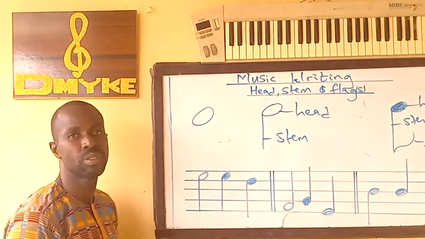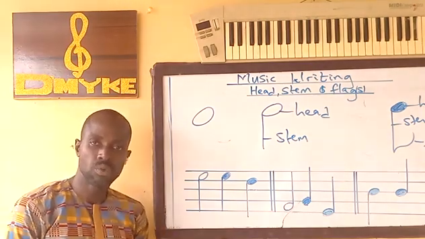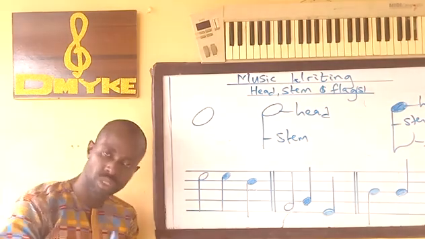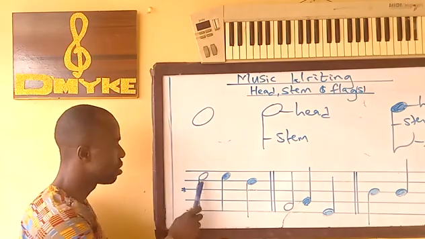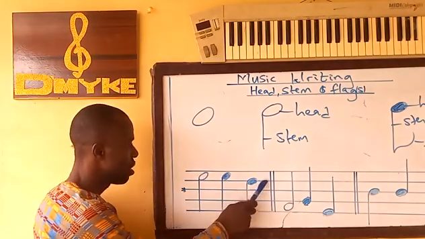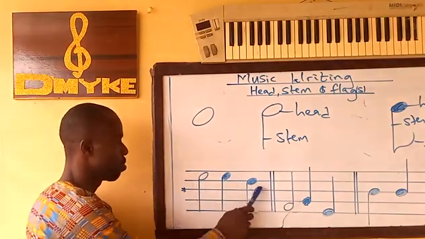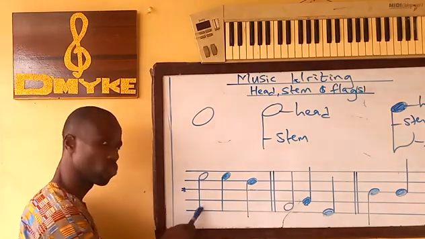Second rule. This second rule is divided into three subgroups. The A part. When the head is anywhere above the middle line, the stem goes down. The stem must go down.